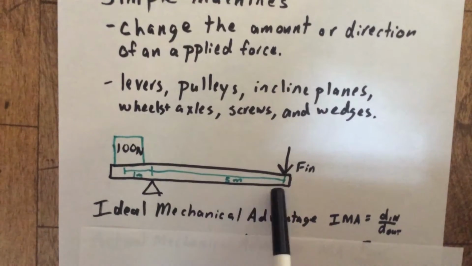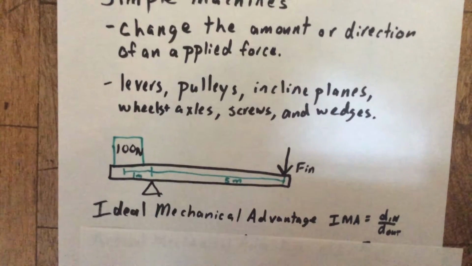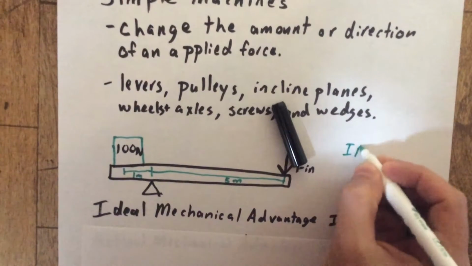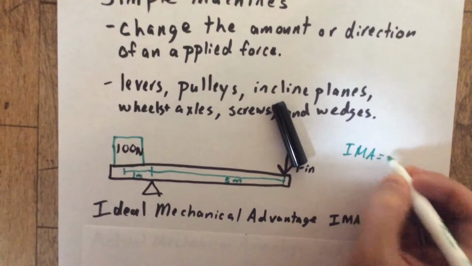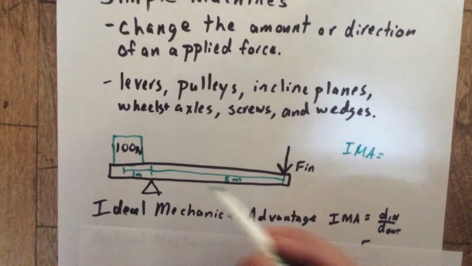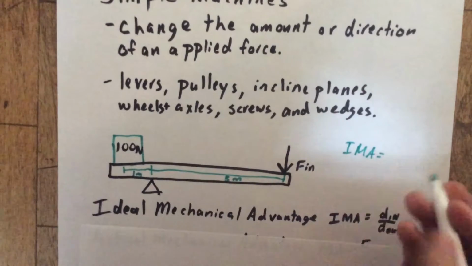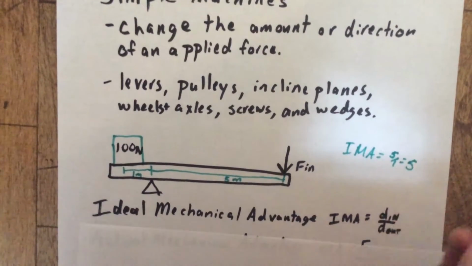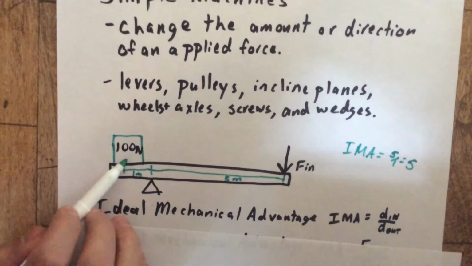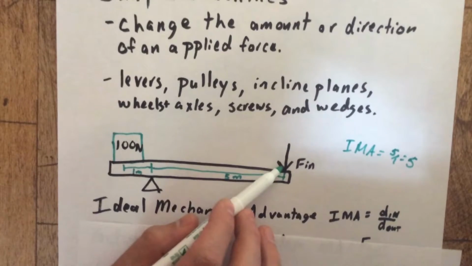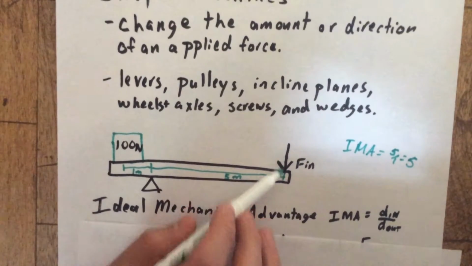This one here is 5 times longer. So to calculate the IMA for this one, my input distance is 5 over 1, so that would be just 5. So if I needed to lift this end up, I could do so by applying a force of 20 newtons here.